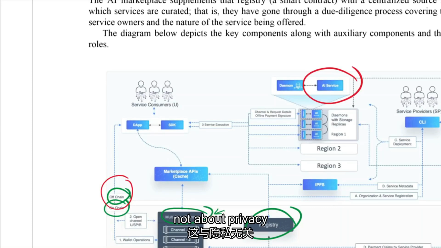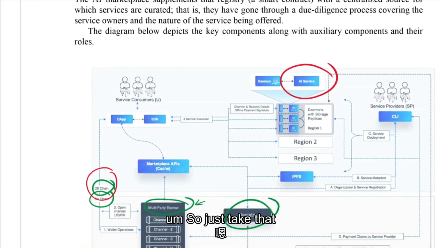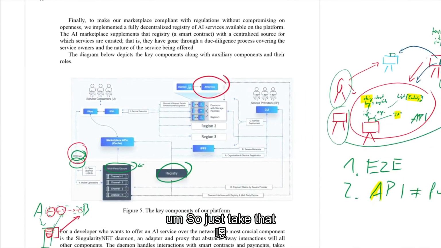It's not about privacy that much, but you can't verify the outputs. You can't verify the computation as you could if it were happening on chain. Now, there are methods to do heavy computation on chain, but I guess these wouldn't be that efficient. So just keep that in mind.